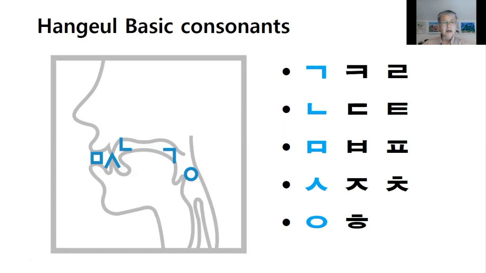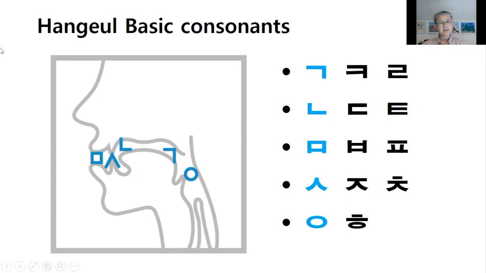Okay, now the basic consonants of Hangul are made according to the shape of the lips, teeth, tongue, and throat that produce sound.